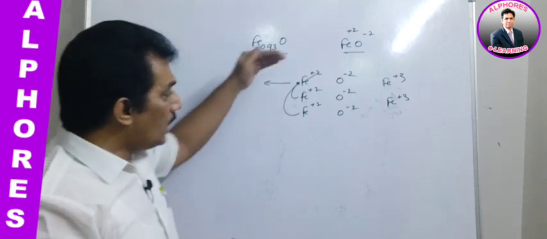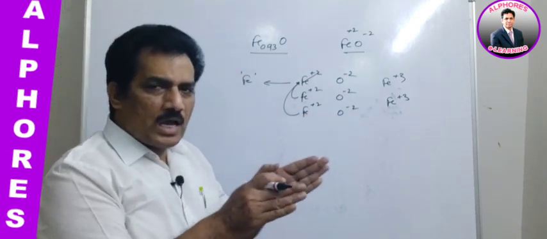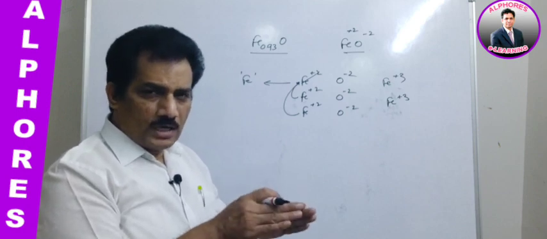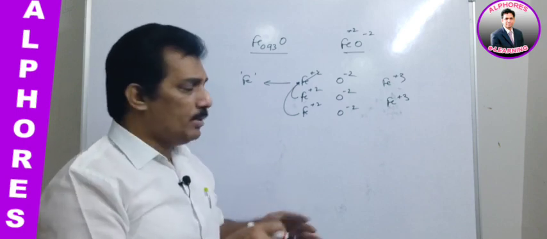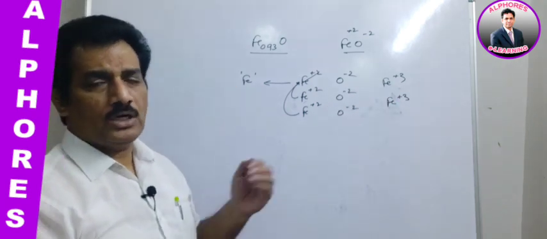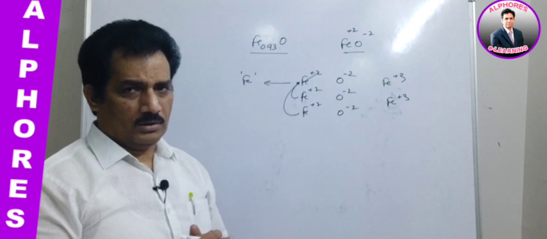Clear? In such cases few ferrous ions are missing, and thereby the charge is compensated by increasing the charge on the remaining ferrous ions, which are turned to ferric ions. Clear?